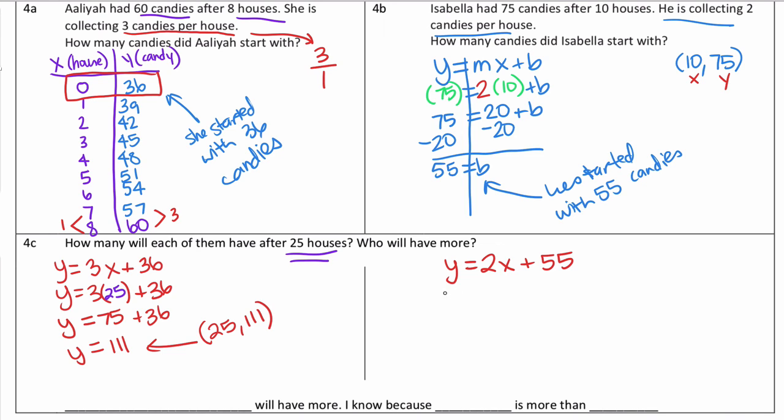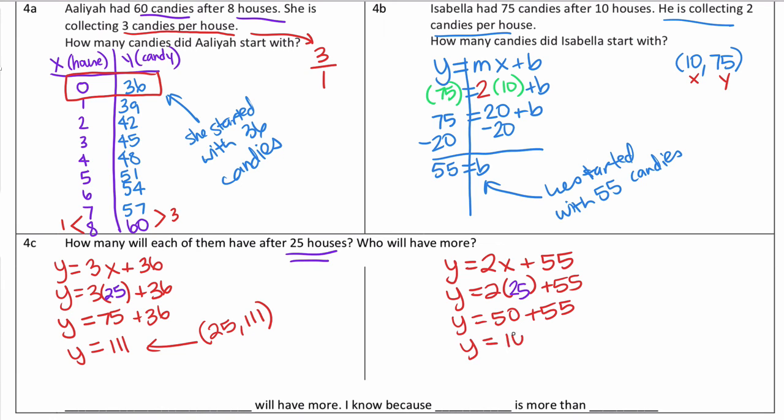Let's check this one. Y equals 2 multiplied by 25 houses. And let's figure out how much that person has at the end. 50 candies collected along the way, plus the amount that they started with.